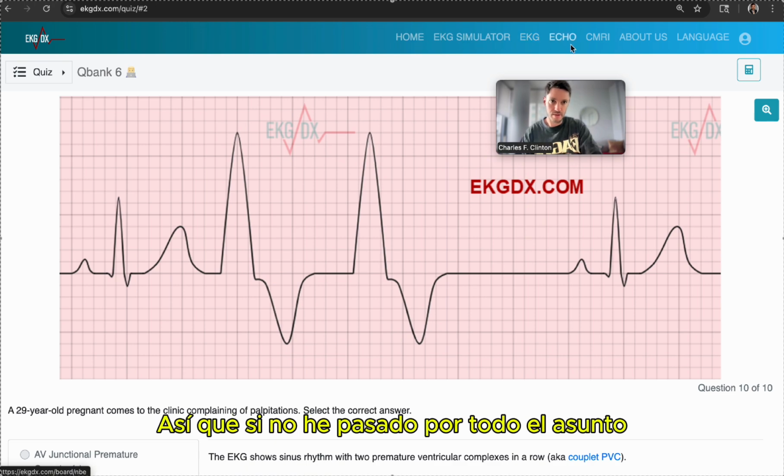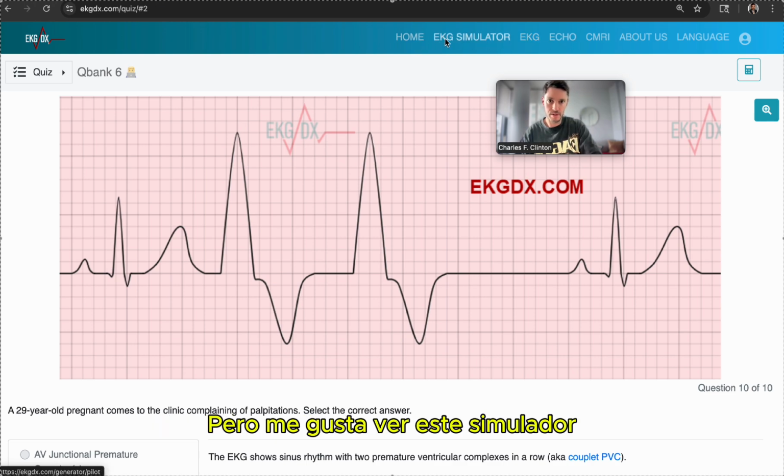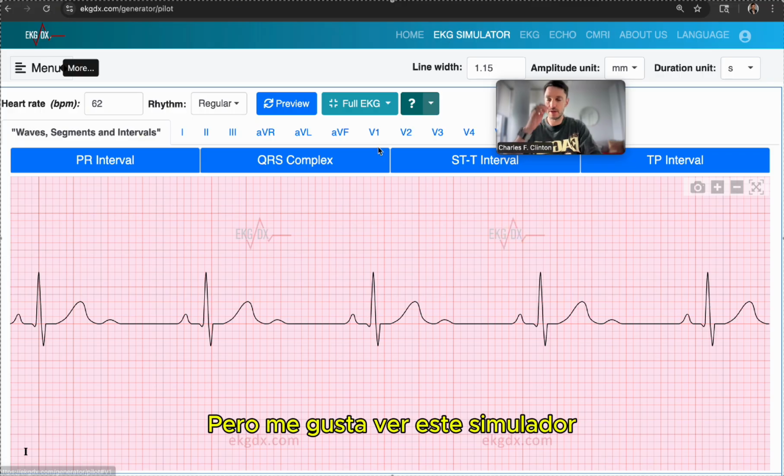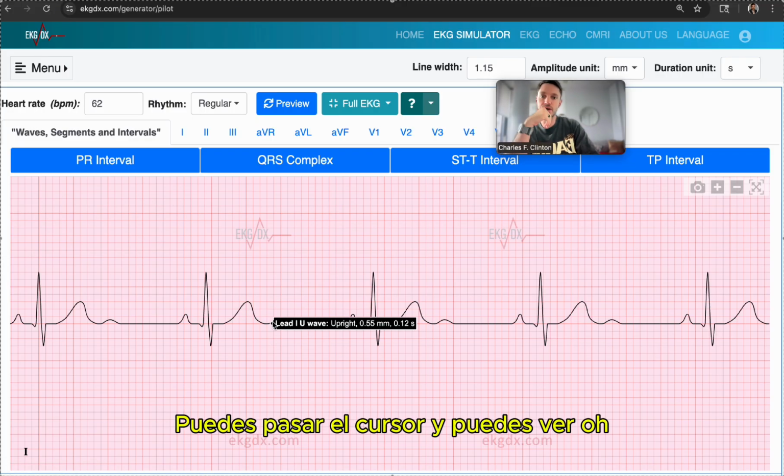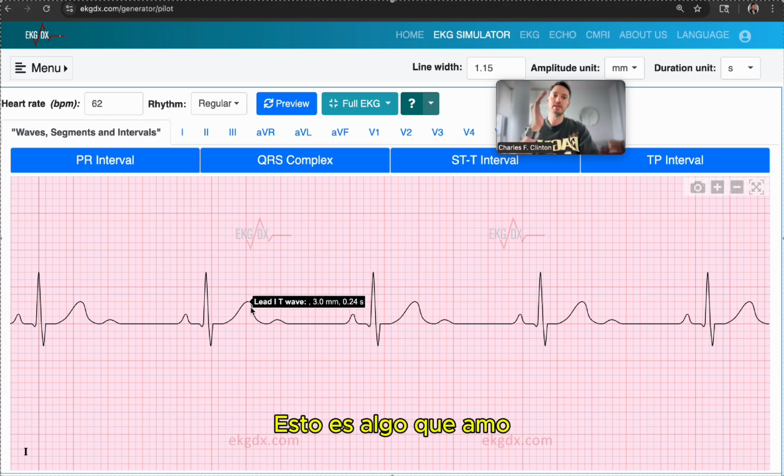So I haven't gone through the whole thing, but I like to see this simulator, so you can actually check here. You can just hover over and you can see, oh, this is the U wave. You can test yourself. This is something I love.